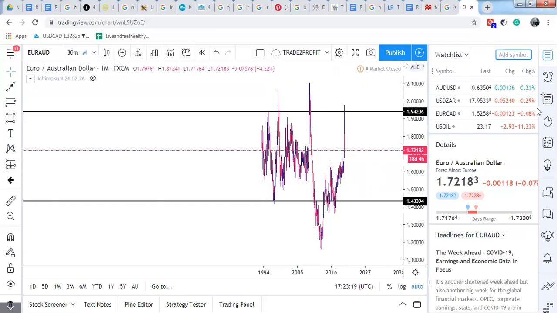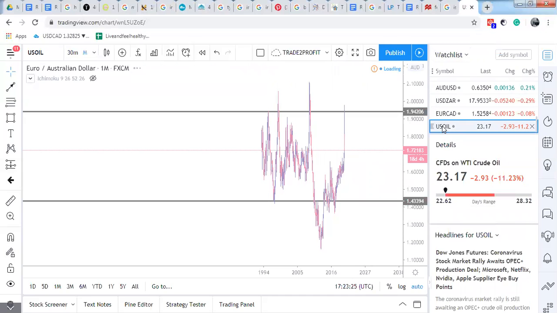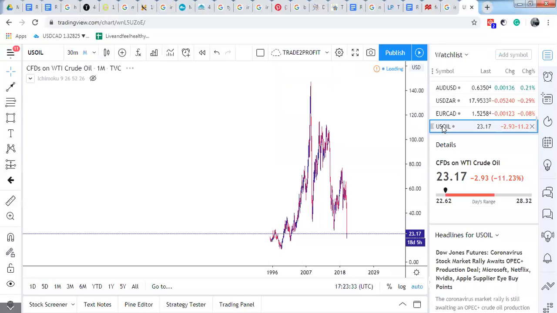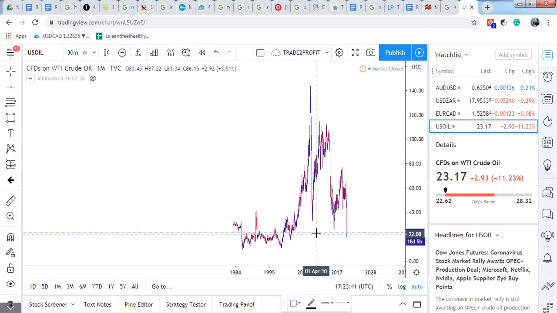But based off the news, I think they've reached a middle point. So technically we should expect to see some bullishness as far as US oil is concerned. Technically speaking, it's ready to go bullish, but fundamentally speaking, we need to chill.